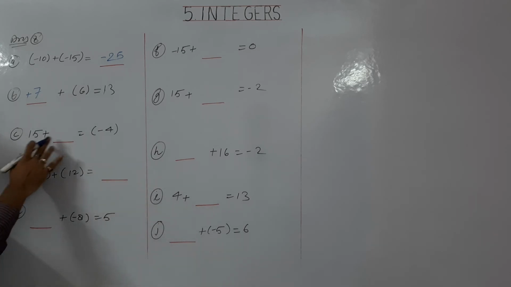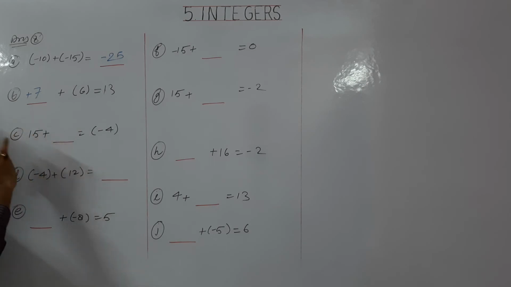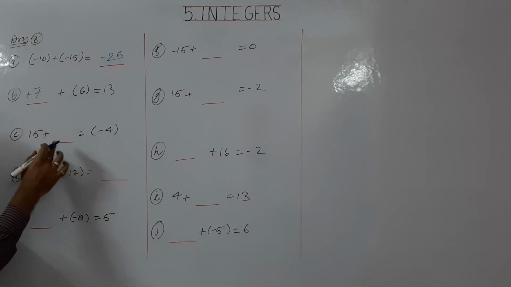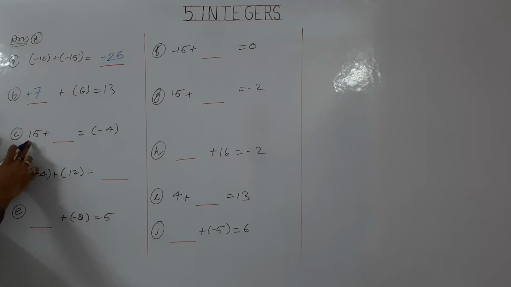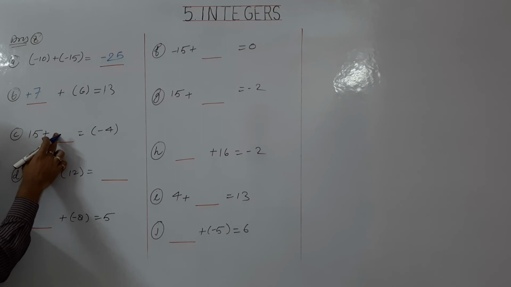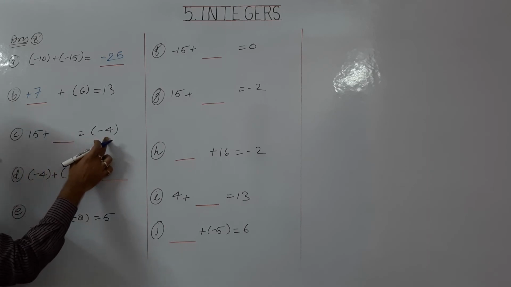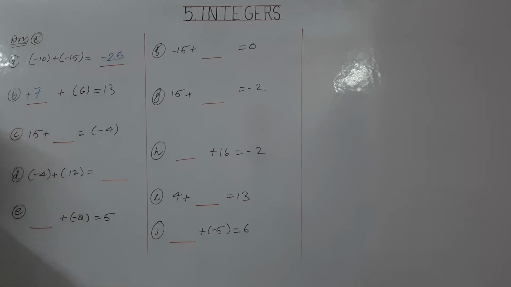Then we have 15 plus missing number equals 4. For finding the value of this number, what to do? Just change its place. 15 plus 4 will be equal to plus 19, and again change its place, it is minus 19.